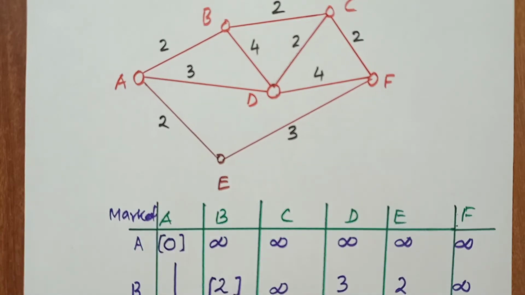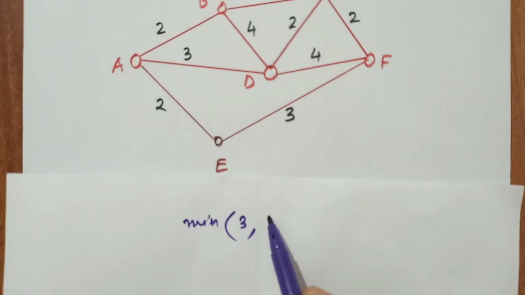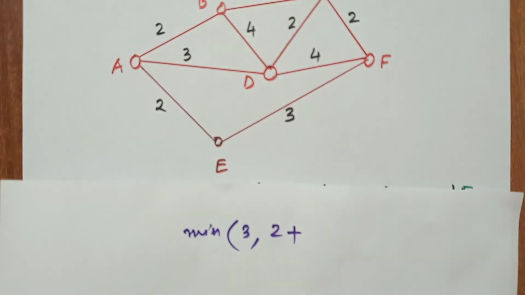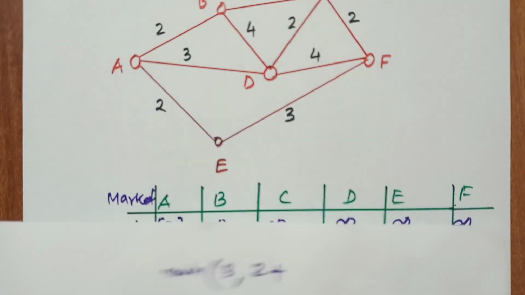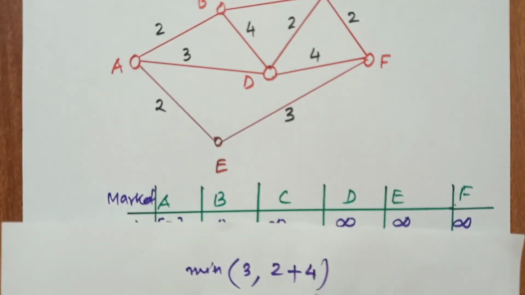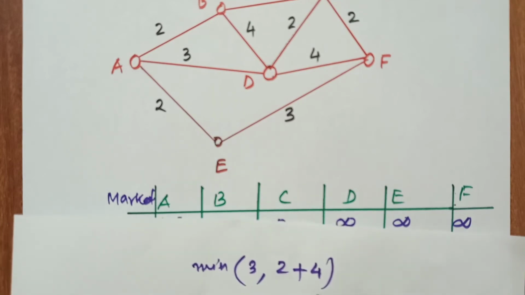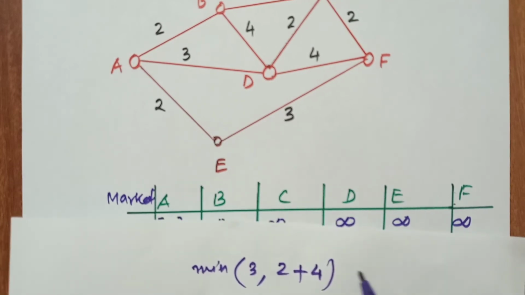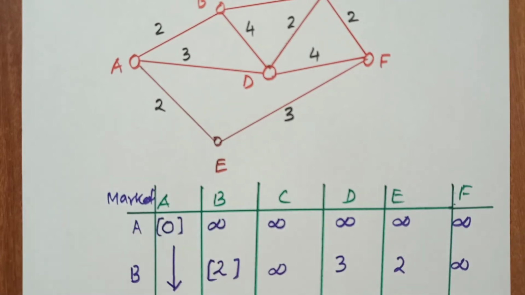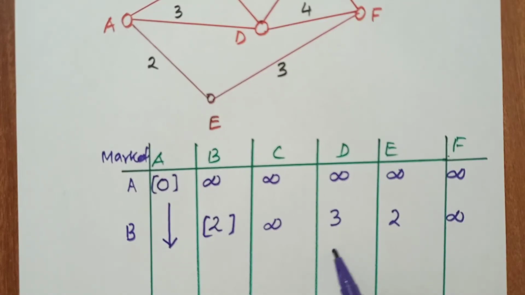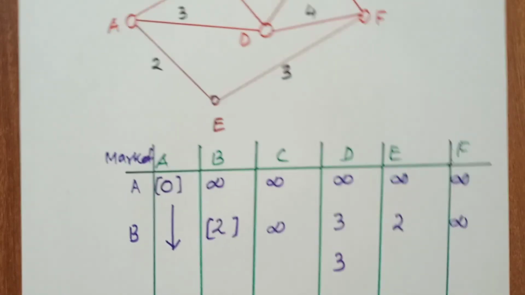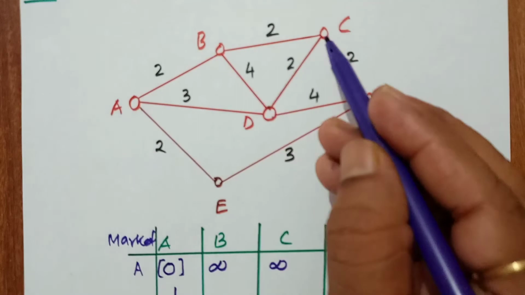The marked value is 2, so 2 plus the weight. B to D is 4. So 3 and 6. The minimum of 3 and 6 is 3. So we will write below D, 3. And the next vertex is B to C.